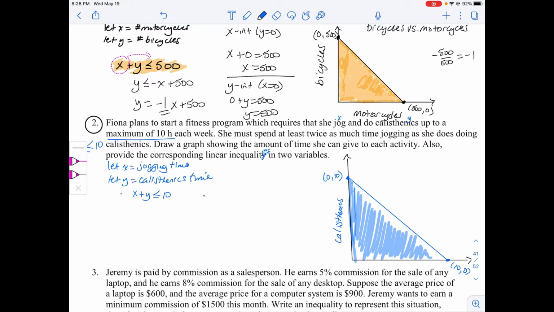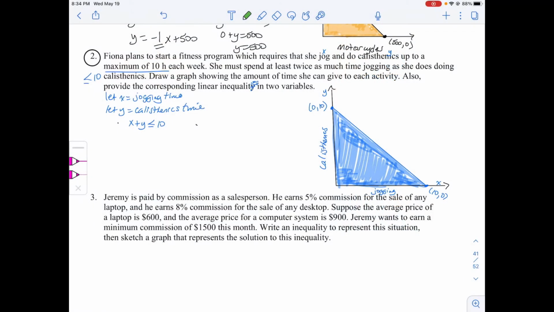But now there's another constraint on her workout time. It says that she must spend at least twice as much time jogging as she does doing calisthenics. So what does that really mean? Sometimes it's difficult to come up with this second kind of equation, so what I want to do is put a couple of numbers to it.